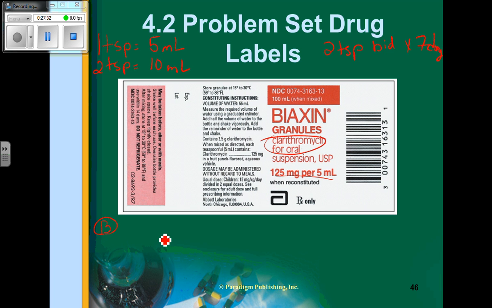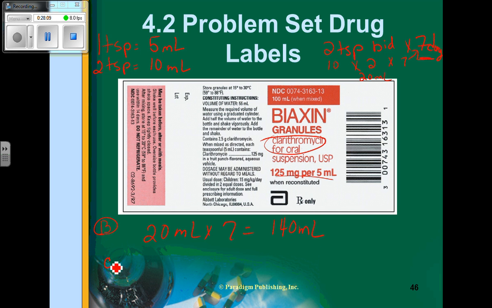We know from A that they're taking 20 milliliters a day. Next, you want to see how much is going to be dispensed the whole time, and we know it's for 7 days. So we multiply by the number of days, which is 7. 20 milliliters times 7 days gives you 140 milliliters for B.